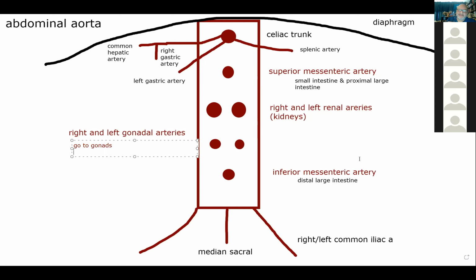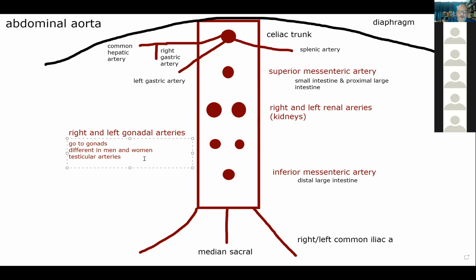And so that means that they are different in men and women. Right? This is probably the very first meaningful difference we've talked about in men and women in anatomy and physiology. Obviously, in males, they're going to the testes, so they're also known as testicular arteries.